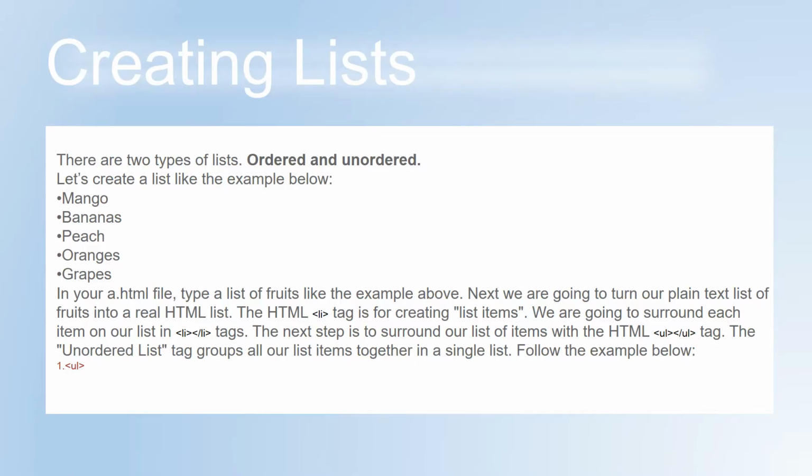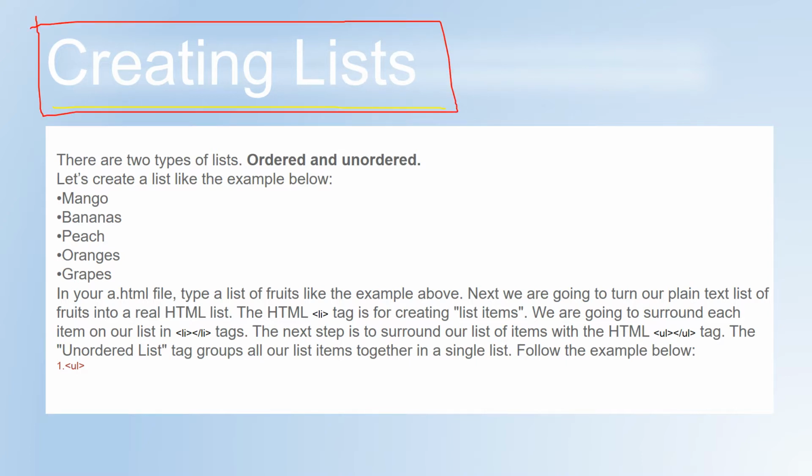So let's move on. In the previous slide we just saw lists and stuff, so let's see how exactly we'll be able to use this list. This slide is about creating a list, where we will see exactly what a list is. As you can see here in the slide, we have the names of some fruits.